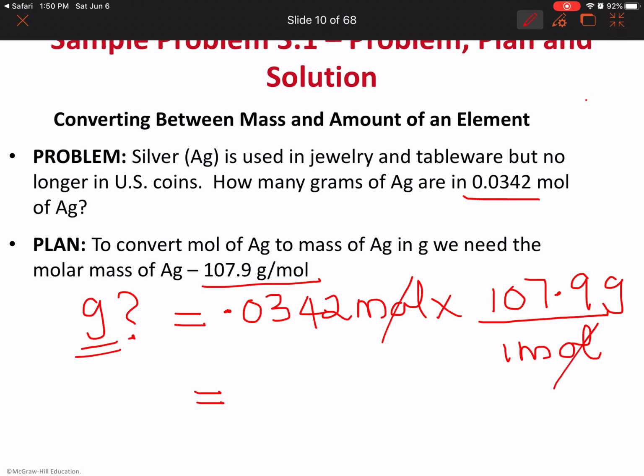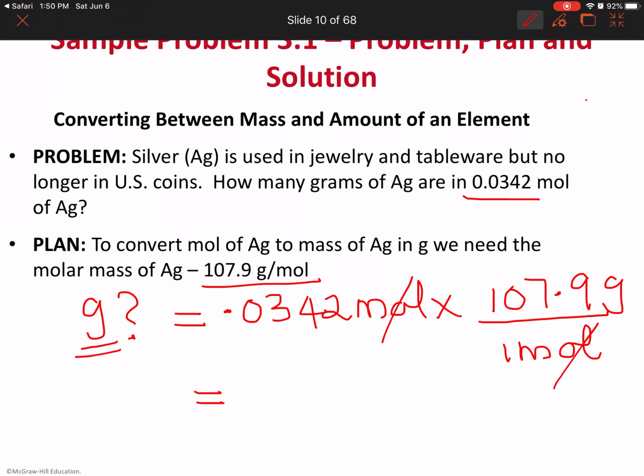So now you can find the answer. Let's do the calculation. I don't have it here. 0.0342 times 107.9.